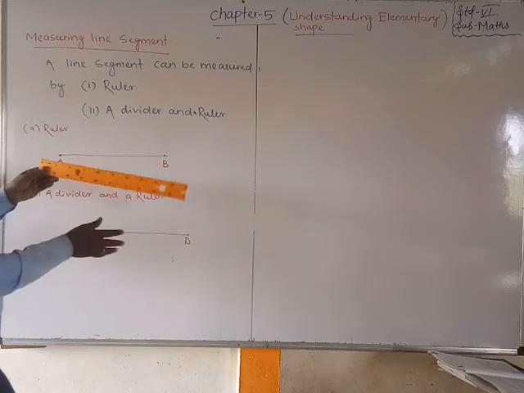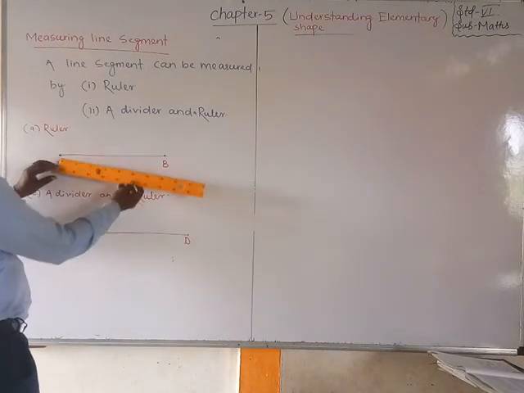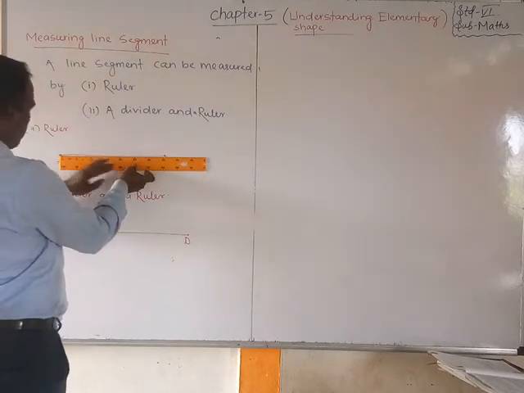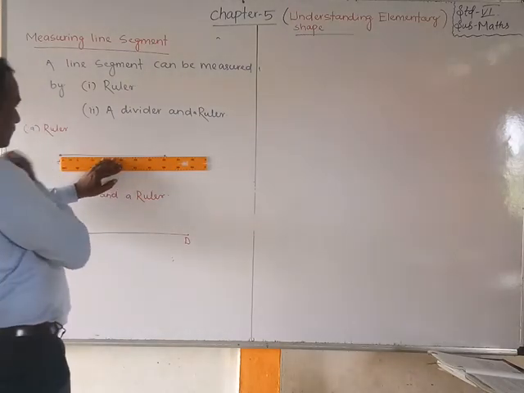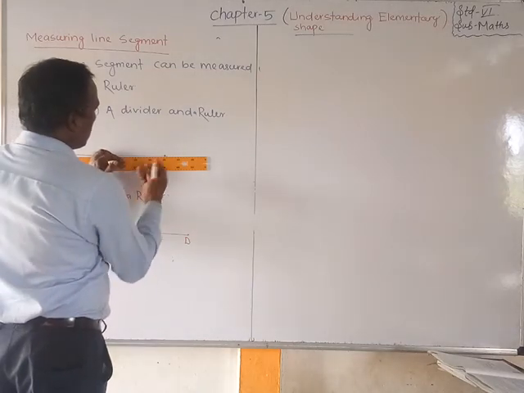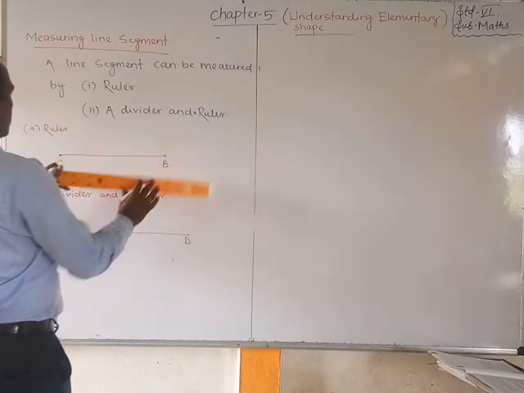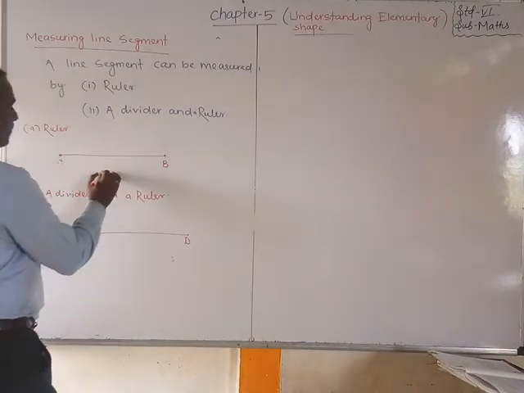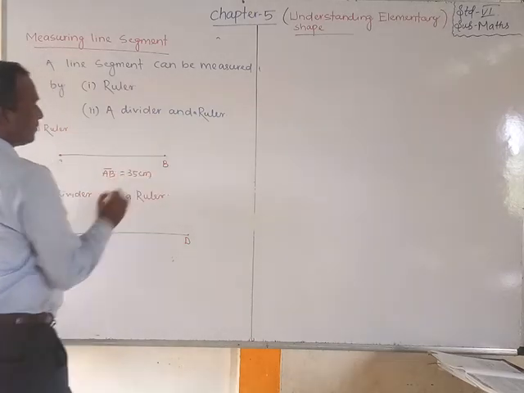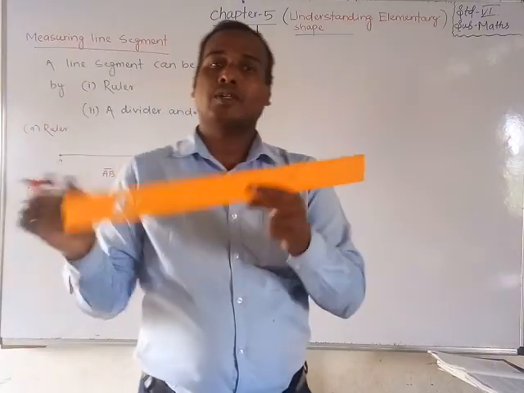Then with your pencil you can mark up to where it came. See students, up to here 35 came for me. So you can write that every line segment is equal to 35 cm. It is a centimeter measurement scale. So in that way we can find out.